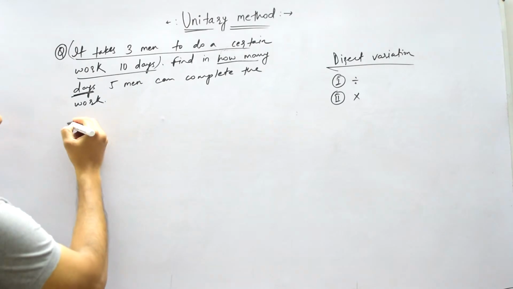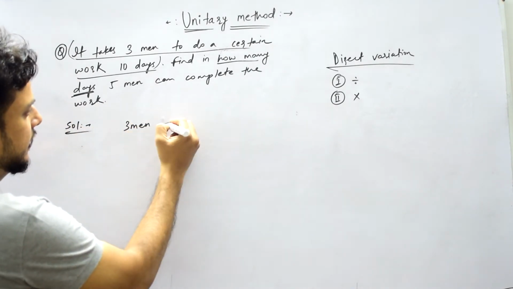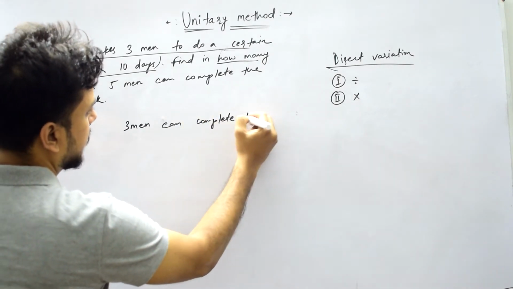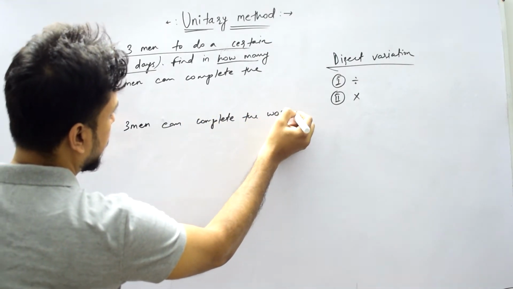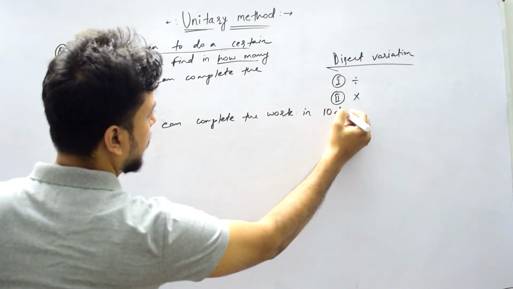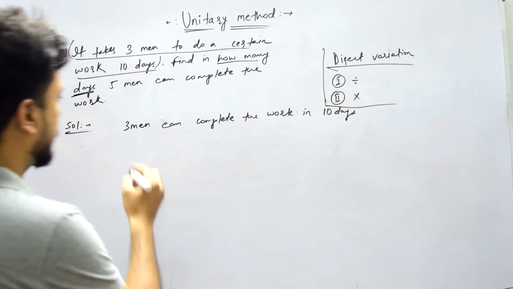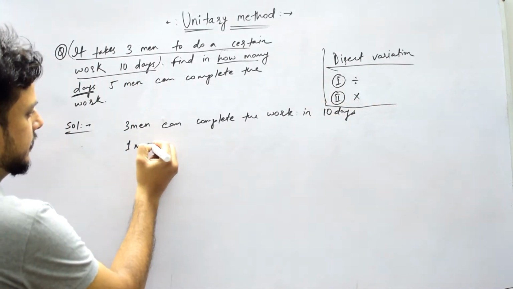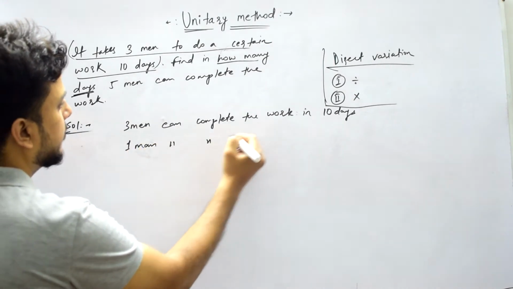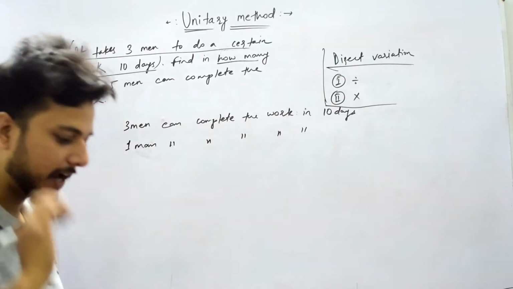So we write the solution: 3 men can complete the work in 10 days. So one man can complete the work in, and in inverse variation we have to be careful here.